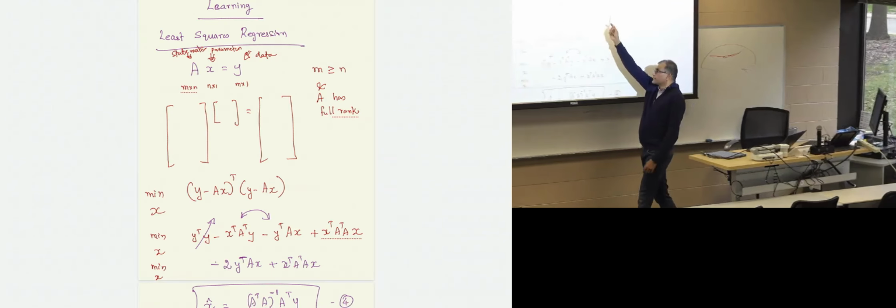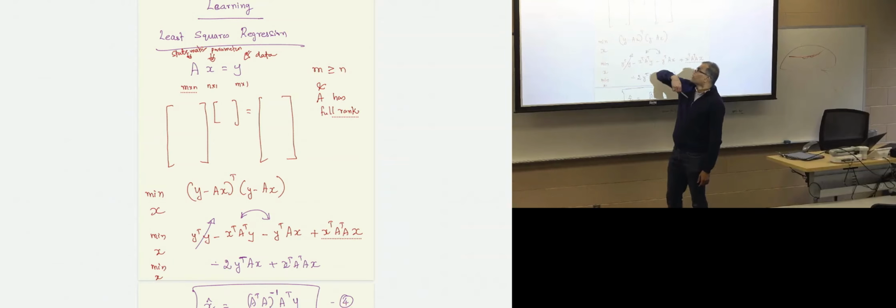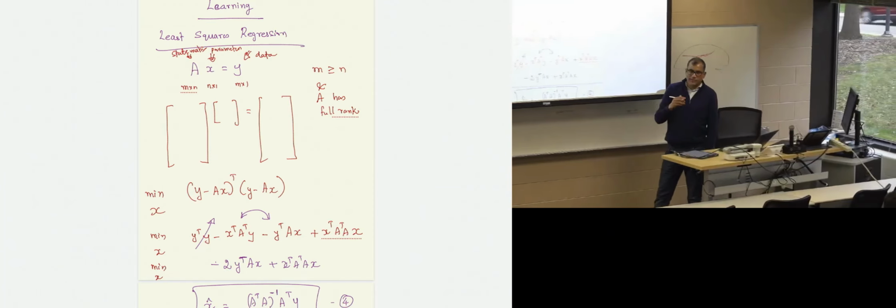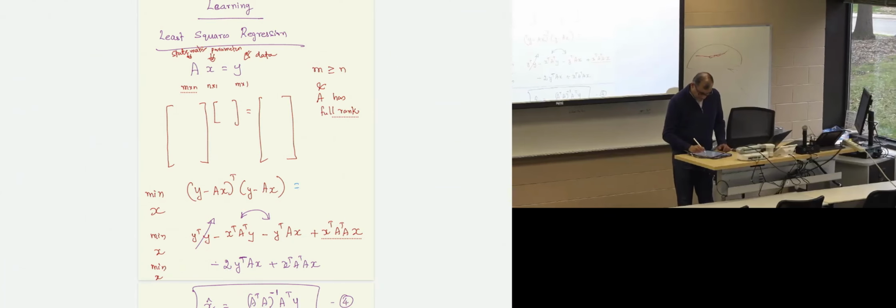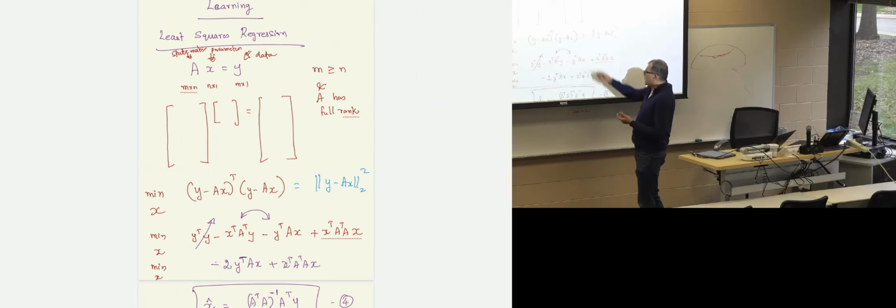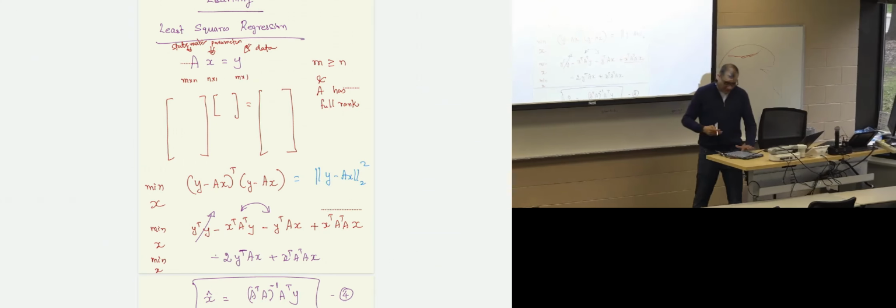So this is a linear problem. You basically are minimizing the 2 norm of y minus A x, right? So this is nothing but the square of the 2 norm of y minus A x being minimized with respect to x. And this is your minimizer.